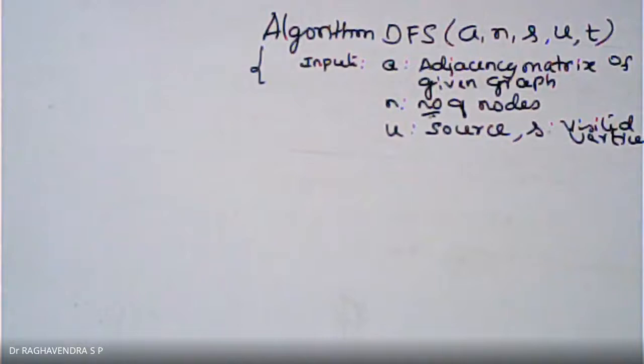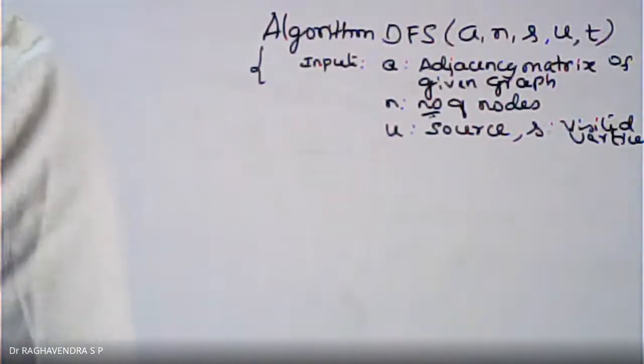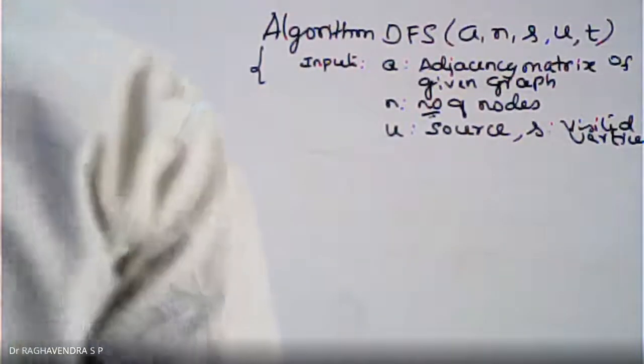So A, N, U, S are the parameters. Then T is the output.